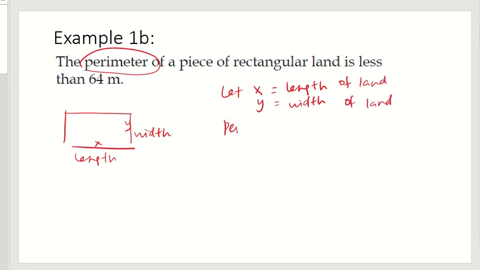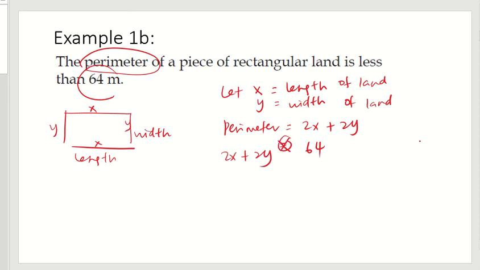So perimeter is what? Perimeter is 2x plus 2y. 2x plus 2y, correct. So perimeter 2x plus 2y equal to 64, 64 meters. No, it is less than 64.